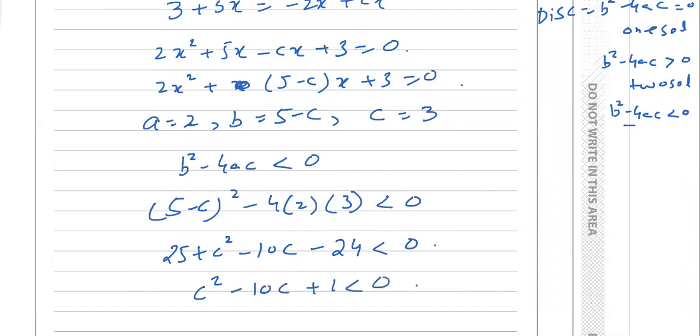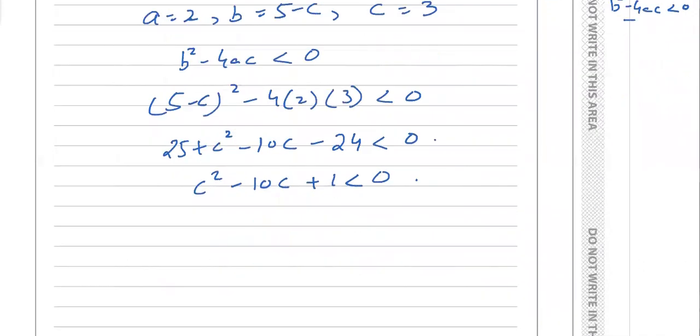Now to decide the range of the values of c, I need to get the critical values of c. To get the critical values, you write its equation: c square minus 10c plus 1 equals 0. Now this is a quadratic in c, so you need to get the critical values of c using the quadratic formula again. Writing a equals 1, the coefficient of the square term, b equals minus 10, and c is equal to 1.